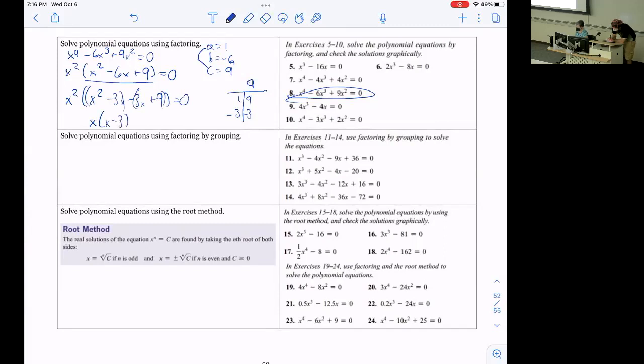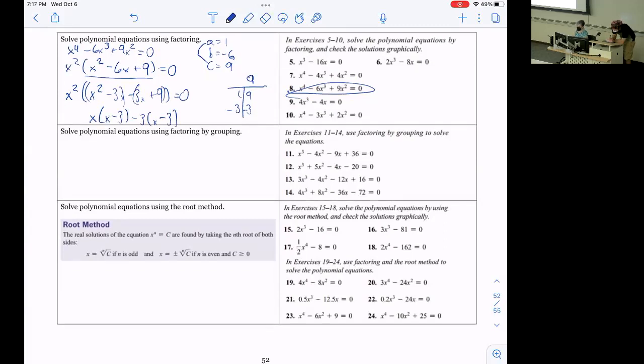The second one, we can factor out a negative 3, which leaves us with x minus 3. Then we can factor out that x minus 3, giving us x minus 3 times x minus 3, which is x minus 3 squared. That gives us x squared times x minus 3 squared equals 0.